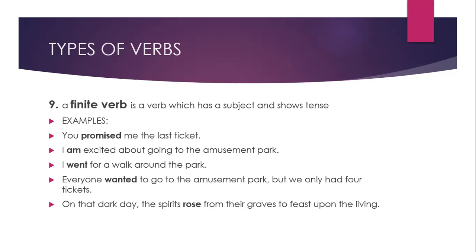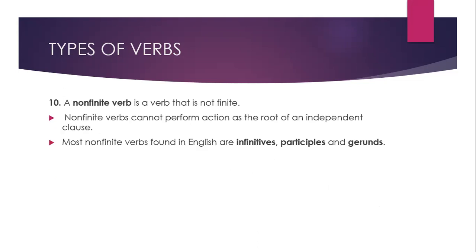Secondly, it has a subject, you. So promised in this instance is a finite verb. I went for a walk. Went is the past tense of the verb to go. So we know it's showing tense and it has a subject, I. So it is a finite verb. So if you are given sentences, you only have to look at the verb first. If the verb is showing tense and has a subject, then that verb is a finite verb.